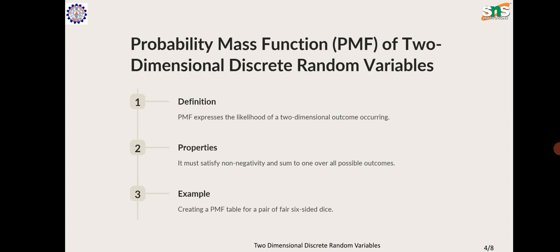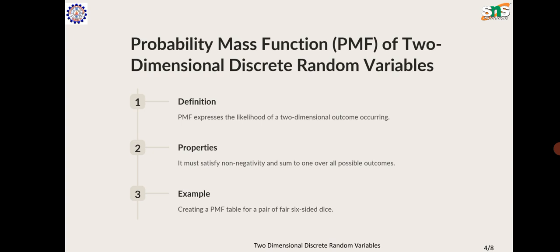The definition: given the joint probability distribution function F_XY of (x, y) of the two random variables X and Y, the marginal probability distribution function of X is F_XY of (x, infinity), defined as the summation over j of probability of (x, yj). The marginal probability distribution function F_XY of (infinity, y) is defined as the summation over i of probability of (xi, y).